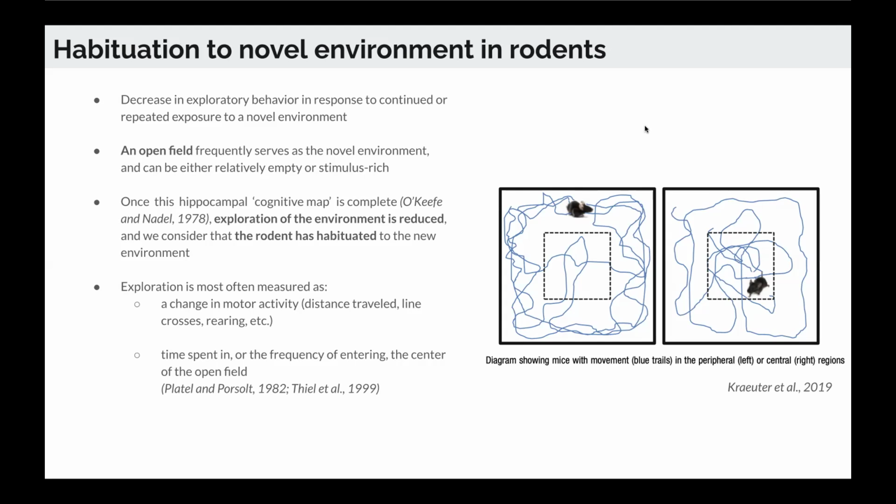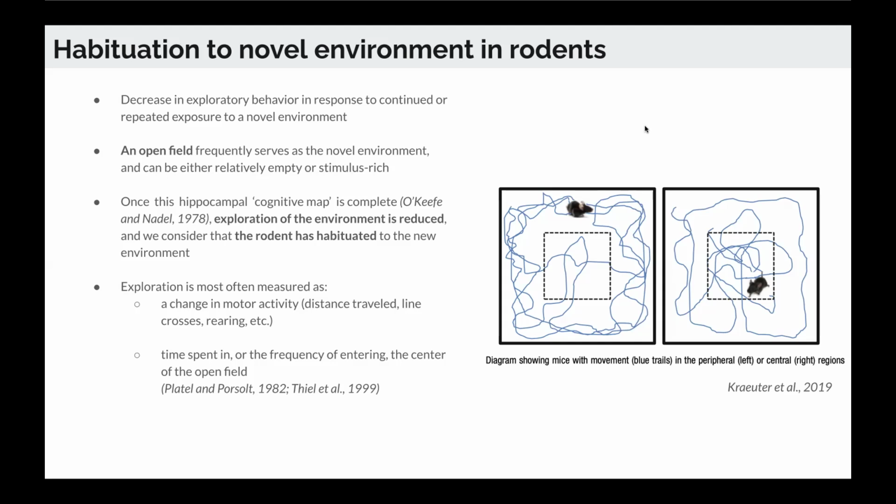What was shown is that at the beginning of the trial or the session, rodents explore the environment, in this case an open field, more extensively, and you can quantify that. There are different ways of quantification. For example, rodents prefer to stay closer to borders because it's a safe space for them.